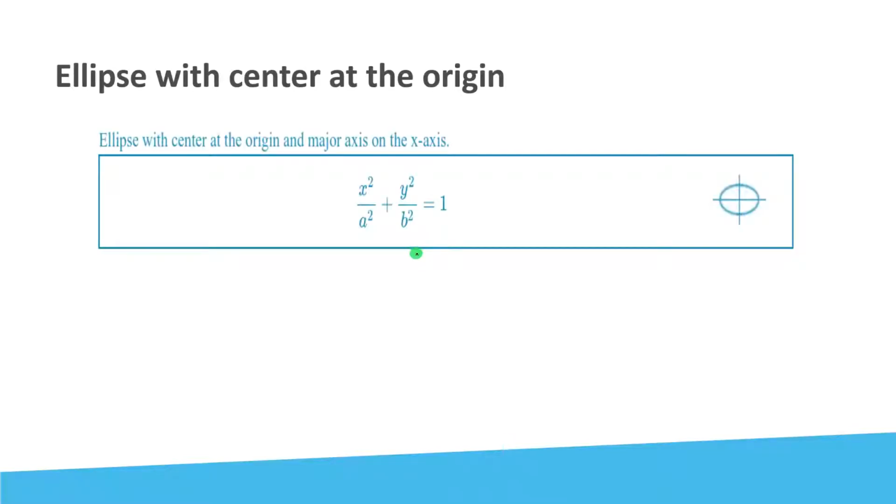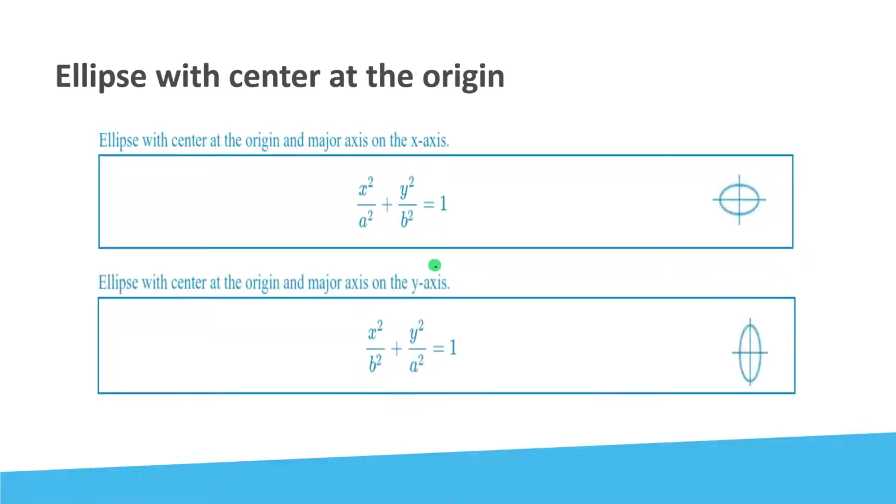Now, if the ellipse has a center located at the origin, here's your standard equation: x squared over a squared plus y squared over b squared equals 1. But if the ellipse has its center at the origin and the major axis on the y-axis, here's your standard equation.